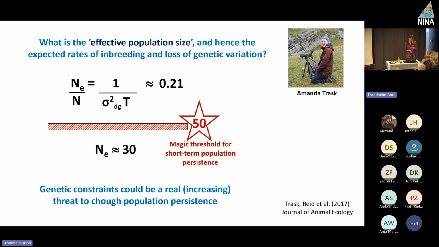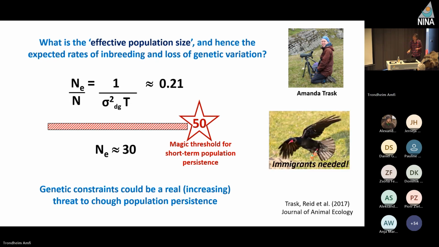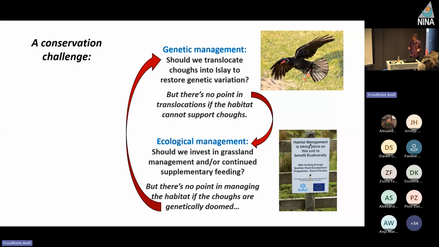In some ways, having shown to them that we could go through this rigorous process of actually estimating a number, even though they really did not understand what it meant in any detail, they really got hold of it. And it really pushed them thinking that clearly we're going to need some immigrants into this population. And since the evidence was that the immigrants weren't going to come by themselves, that implies that we're going to need some translocations. But that in turn generated a little bit of a conservation challenge.